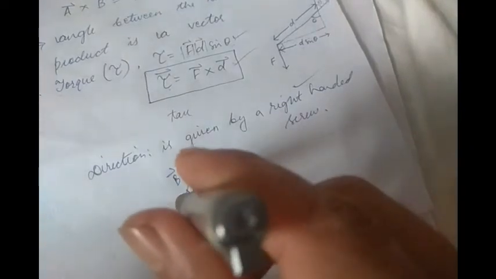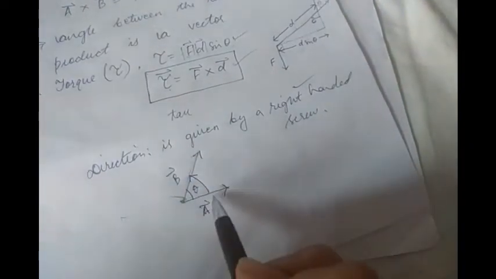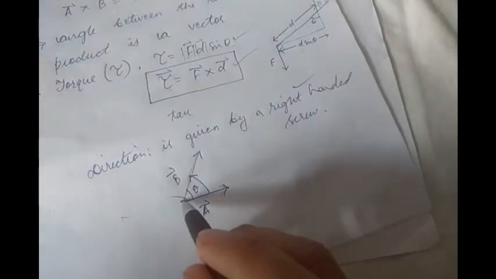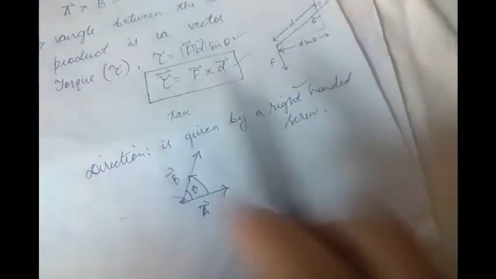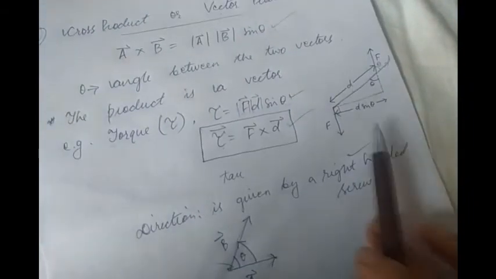Say for example, this is my right-handed screw, I rotate it from A to B, which means I am rotating it in the anti-clockwise sense. So what happens to the right-handed screw? It comes out.